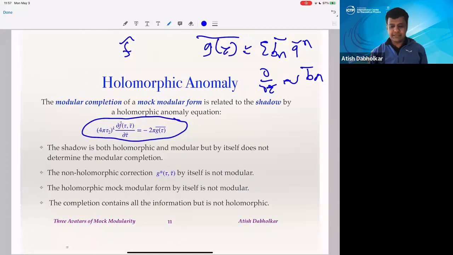That's how you can reconstruct G star up to what Abhijit talked about. You can always add any holomorphic function to that construction and it would not change things, because any holomorphic function would be annihilated by del tau bar. So the kernel of del by del tau bar is a freedom that you have in reconstructing G star. But other than that, you can reconstruct it.